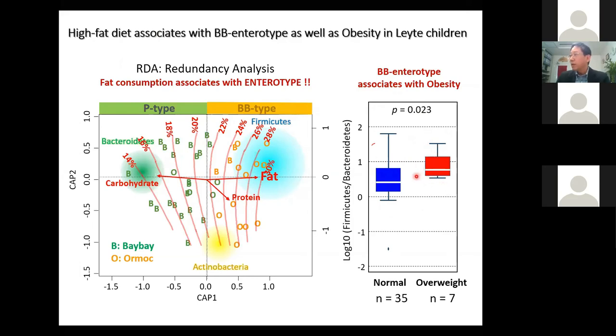Okay, compared to the children harboring the P enterotype. So it is really surprising that the daily diet very strongly drives change and affects the gut microbiome community.